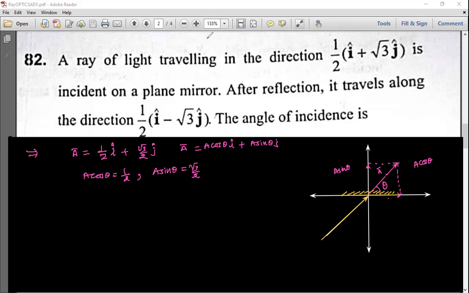अब बोल रहा है क्या कि ये रिफ्लेक्शन होने के बाद, आफ्टर रिफ्लेक्टिंग, how this ray is going? Actually it is going like this, because then only you are having the component along negative y axis. This is negative y, this is positive y, this is plus x, and this is minus x, we can say. So this angle is also theta only, है ना?